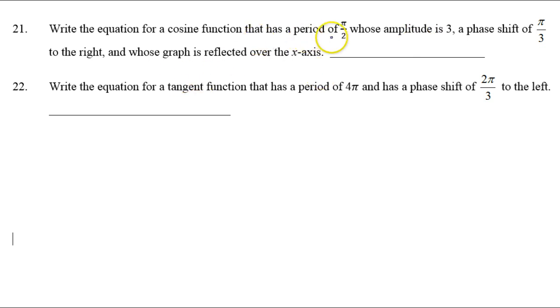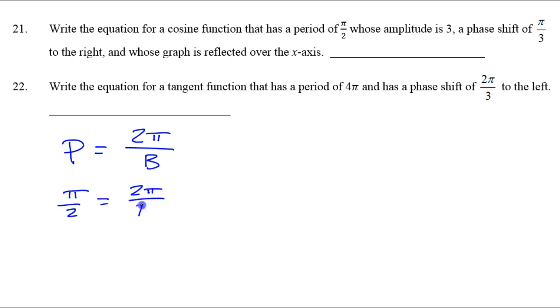So anyway, if the period is pi over 2, that does not actually show up directly in the equation. But here's how it works. The period is always equal to the normal period of the cosine function, which is 2 pi, divided by the b value. So if the period is pi over 2, that means pi over 2 is equal to 2 pi over b.